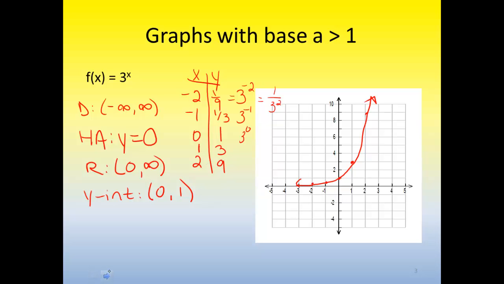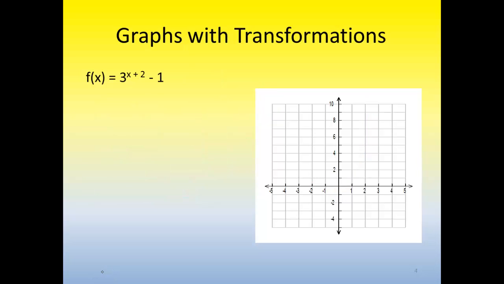So let's go ahead and take this exact same function, but this time we're going to apply some transformations to it. So this minus 1 is going to move the graph down 1, and that's going to affect your horizontal asymptote and your range. The other transformation up here, the plus 2 in the exponent, that moves the graph left 2.